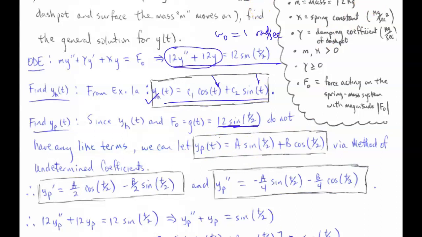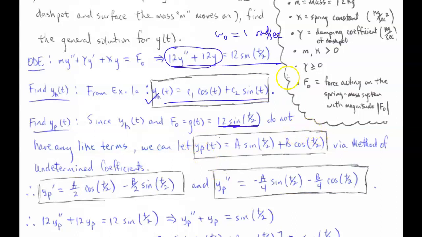Again, we see that since we do not have matching frequencies for the homogeneous solution and force function, these are not like terms. These two functions do not possess any like terms.